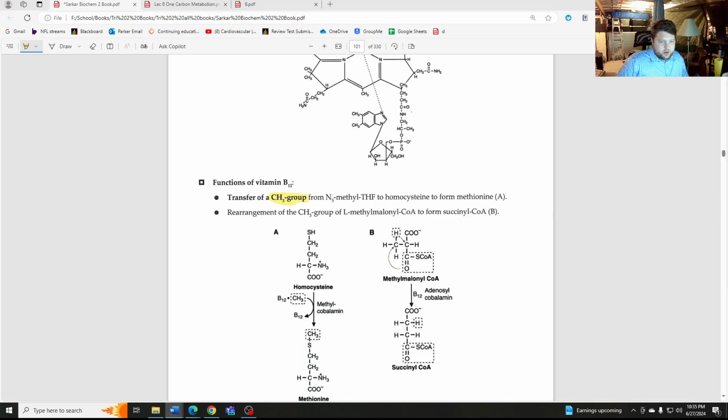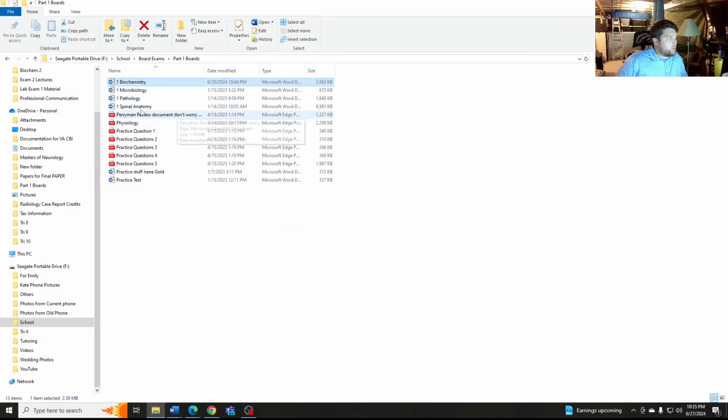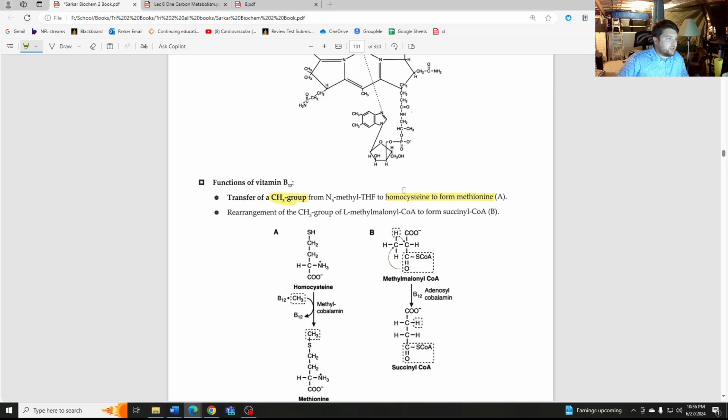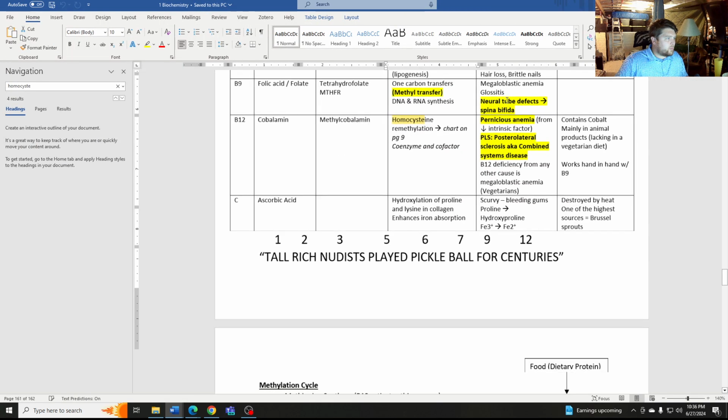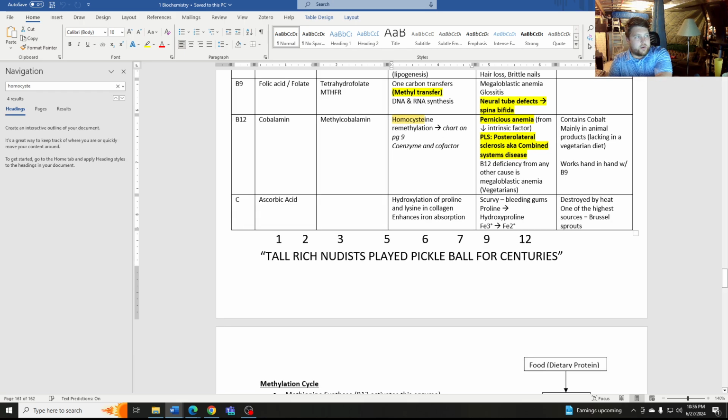While I wait for that to open, we'll keep going. The homocysteine and methionine have this loop that's very, very important when it comes to maintaining the body's homeostasis. Let's see. So homocysteine remethylation.